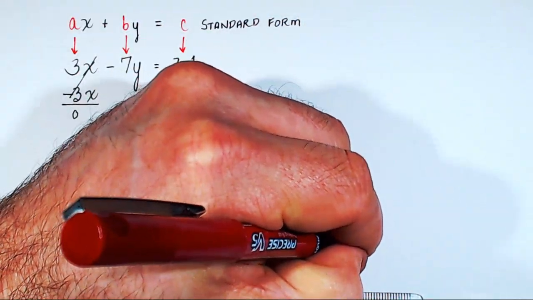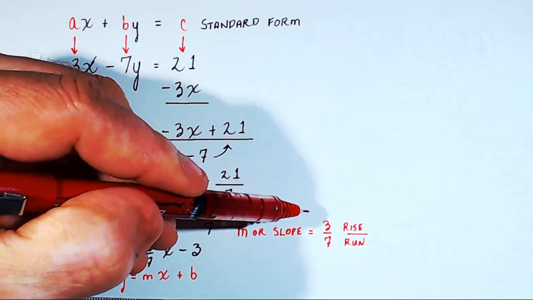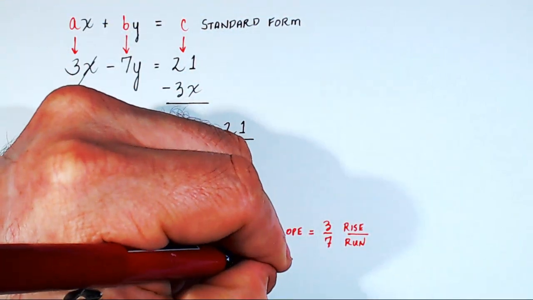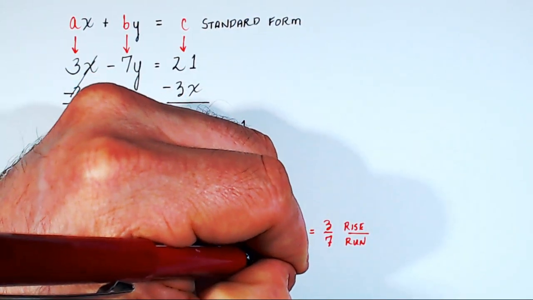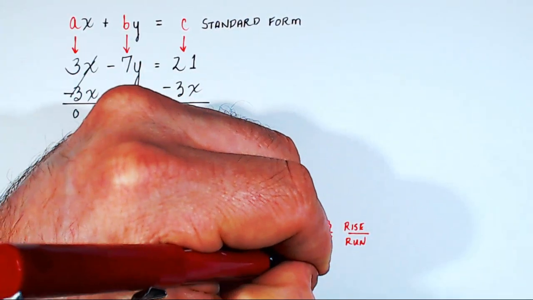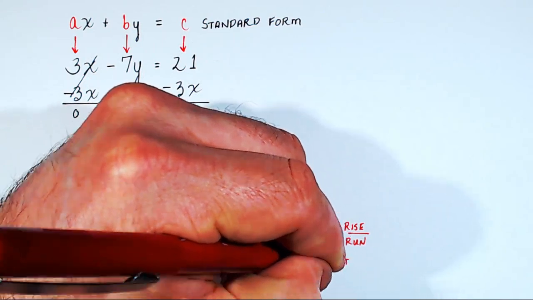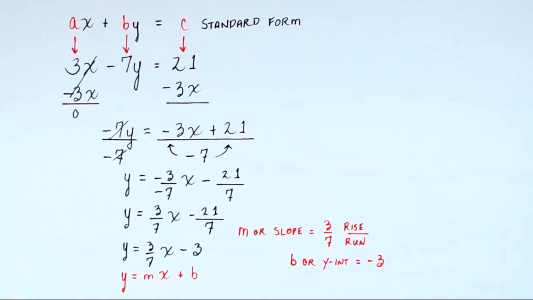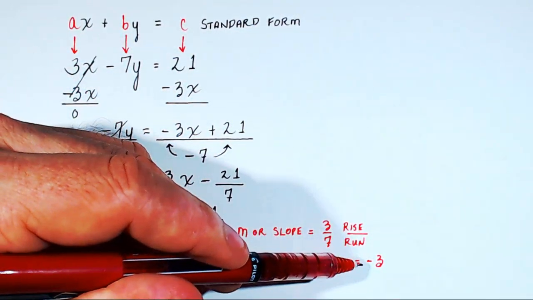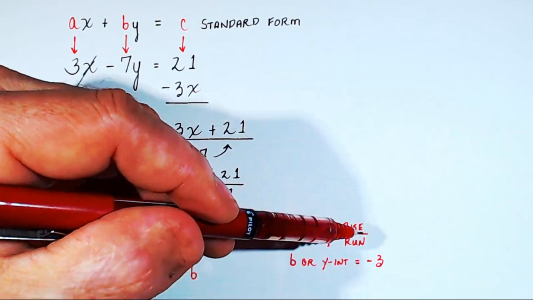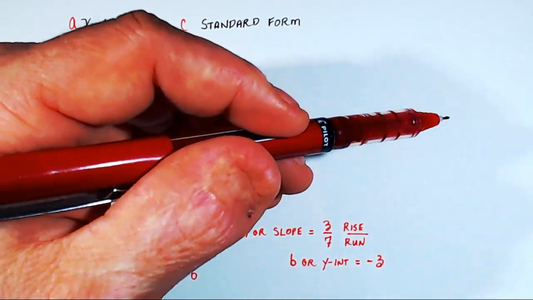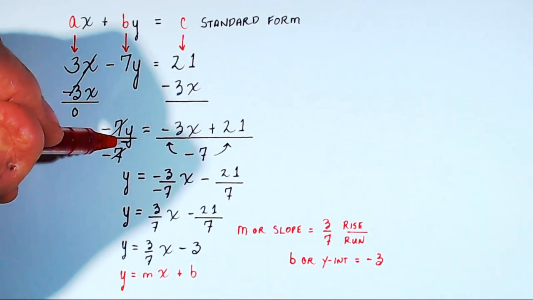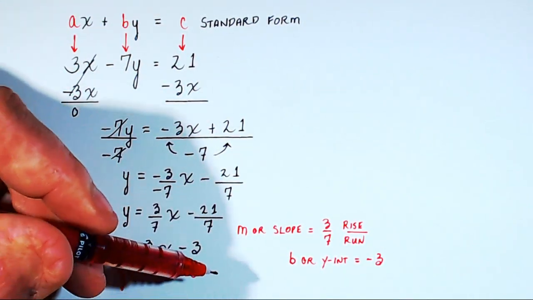Rise over run. If I was going to graph this, I would start at the y-intercept, which is negative 3. So b, or y-int, equals negative 3. I would start there on the y-axis, go up 3, and then move to the right 7 places on a piece of graph paper, and that would be my next point. And that's how you would actually graph this.